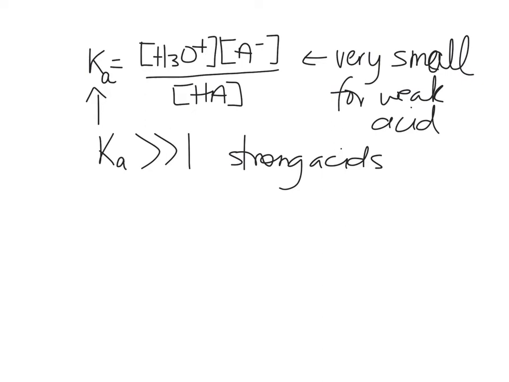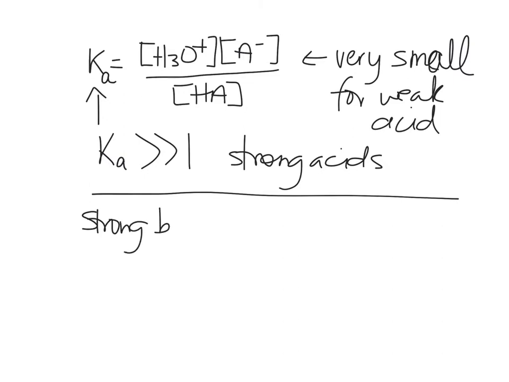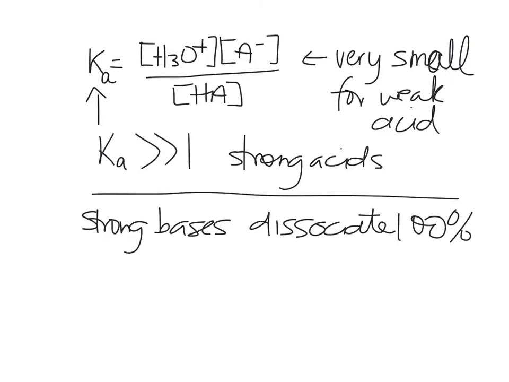Just like we have strong acids and weak acids, we have strong and weak bases. Strong bases, like strong acids, dissociate 100%. They dissociate into ions rather than ionize into ions because in their formula they are already ions.